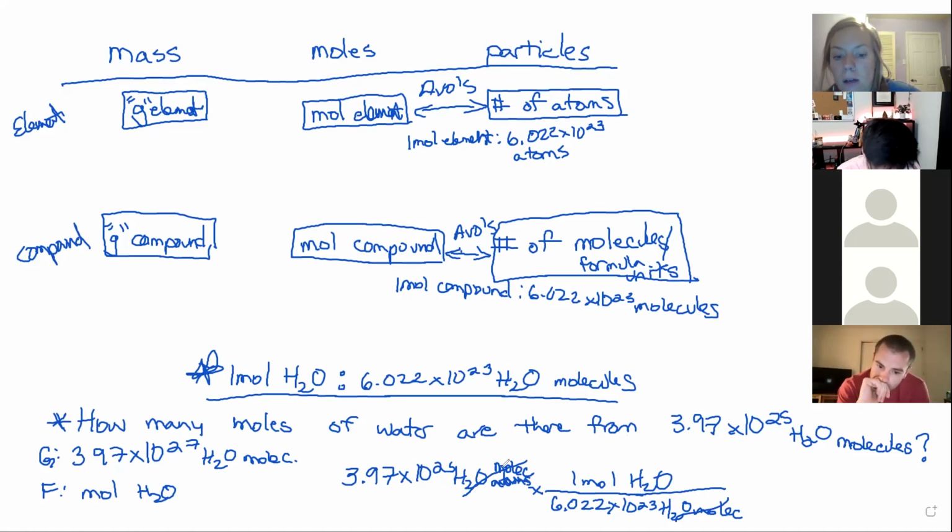Now, again, you need to make sure that this is put in parentheses or you're using that EE so the calculator doesn't do something you don't want it to do. You're entering the answer here with 3 significant figures, so 65.9. And the unit on this is moles of H2O.